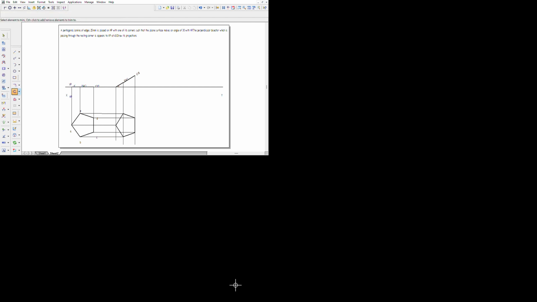Now let's take the trim option and trim the unwanted edges. Let's name this as A, B, C, D and E. Let's take the arrowhead option.